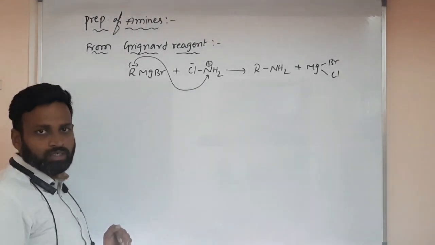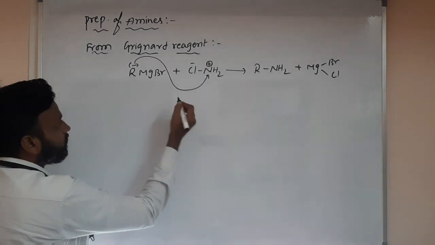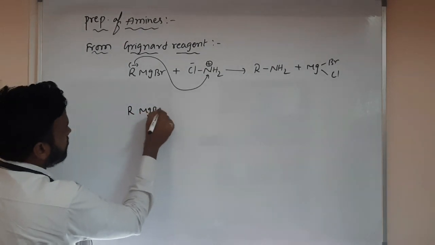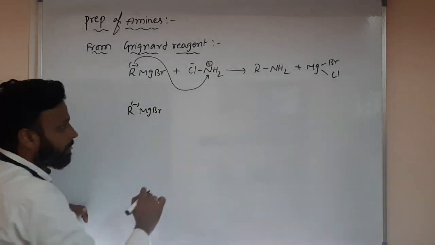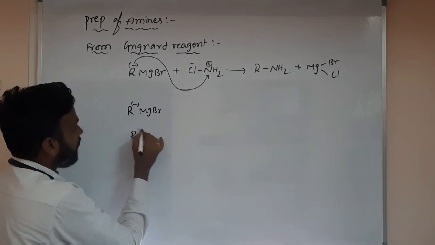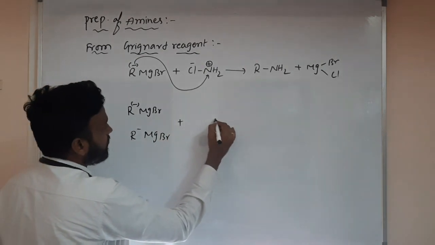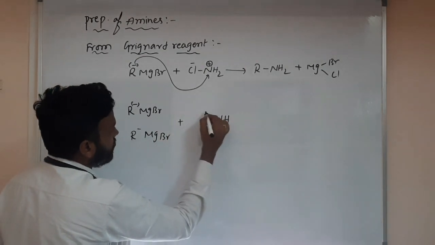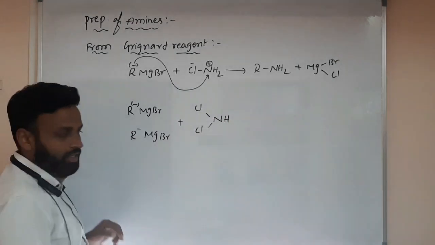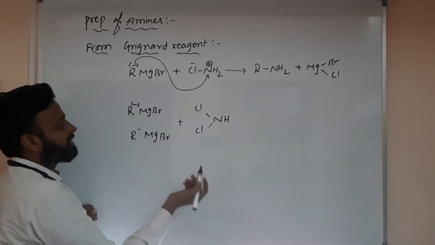Suppose you want a secondary amine, what to do? Then we have to take 2 moles of the Grignard reagent, RMgBr and one more RMgBr, plus NHCl2, dichloroamine. So 2 chlorines we have to take. Then you will get a secondary amine.